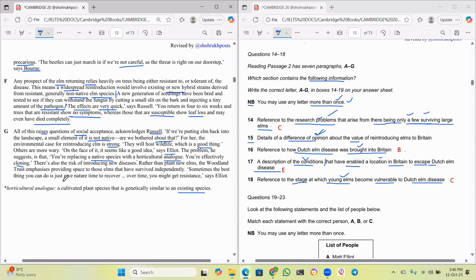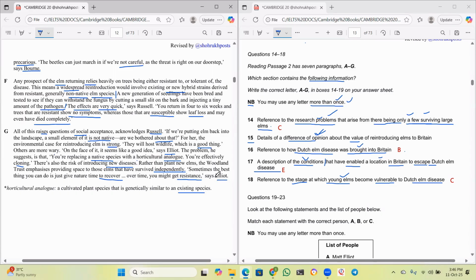So there's also the risk of introducing new diseases, he says. Rather than plant new elms, the Woodland Trust emphasizes providing space to those elms that have survived independently. Sometimes the best thing you can do is give nature time to recover. Over time, you might get resistance, says Eliot.